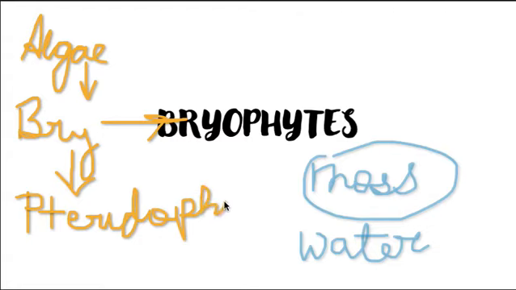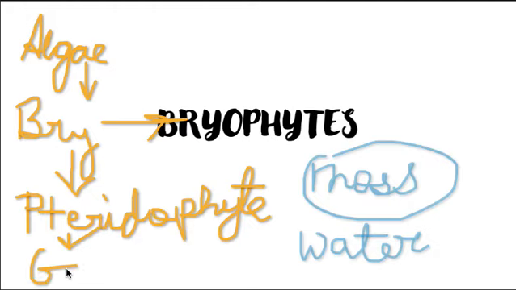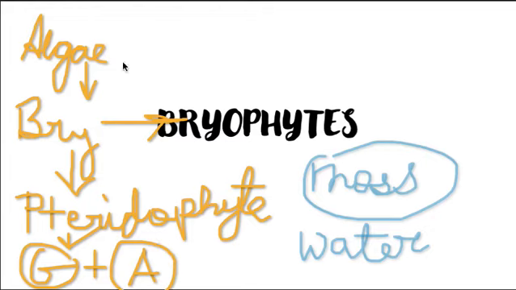Ferns need moisture, but they are found on land. And then the last group are the gymnosperms and the angiosperms. In simpler terms, gymnosperms are the trees, and angiosperms are the flowers. So that is the overview.